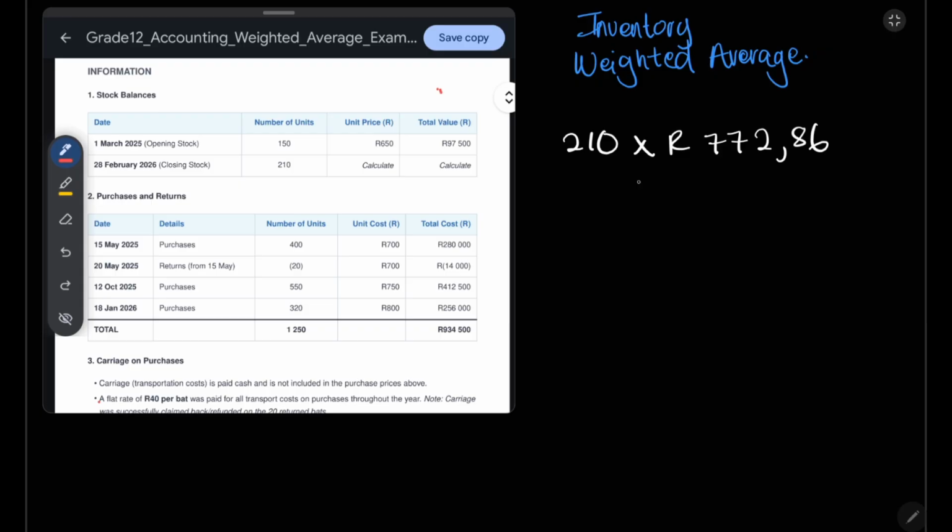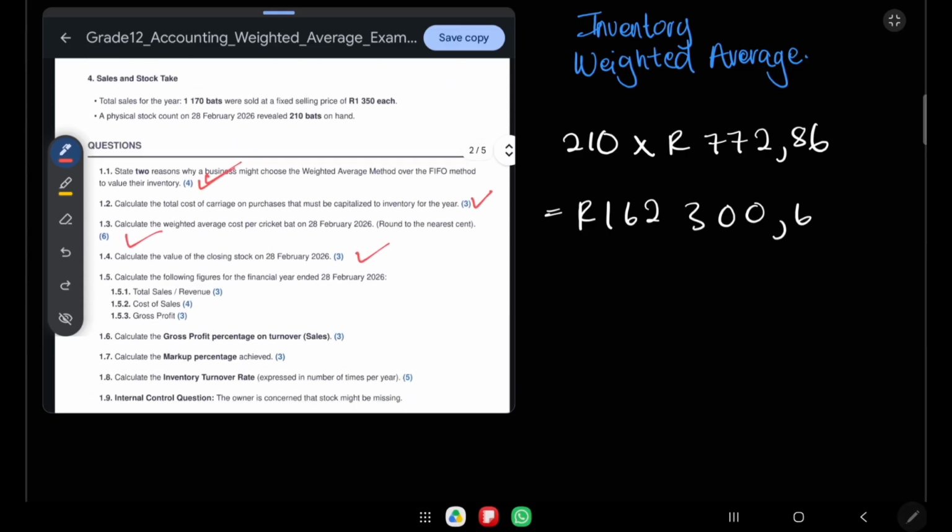So you have to say 210 units times 772.86 that we got from the previous example, and we will get 162,360.60.